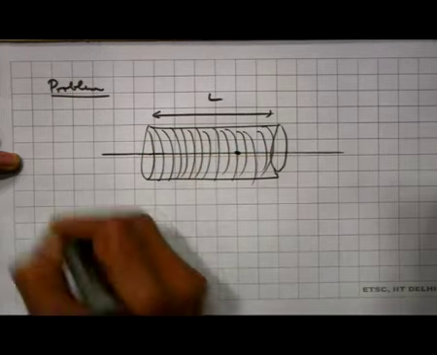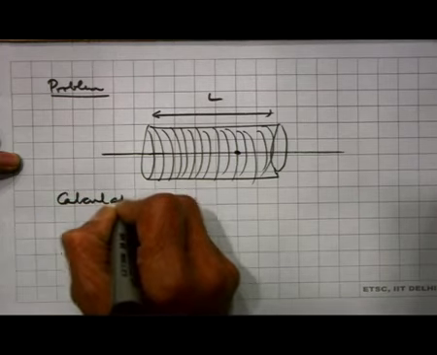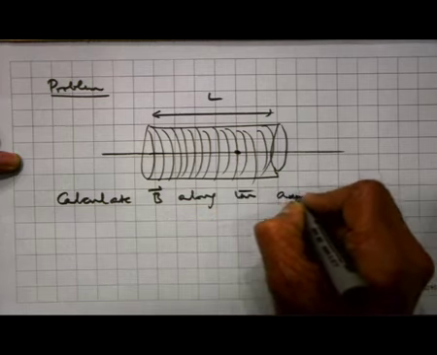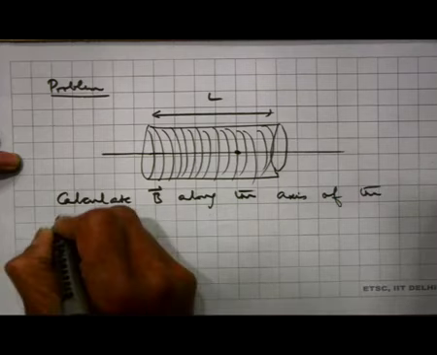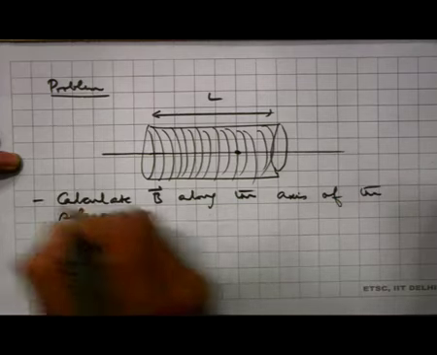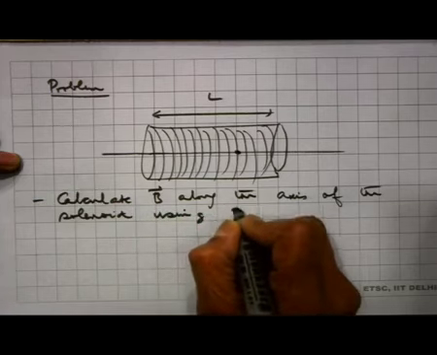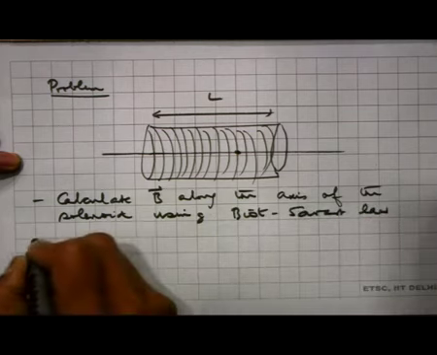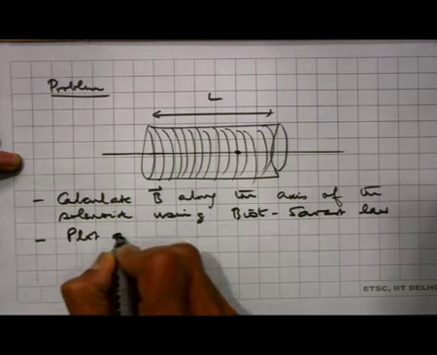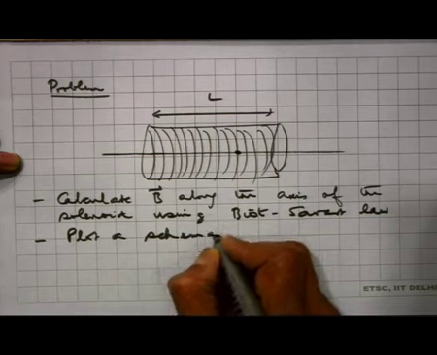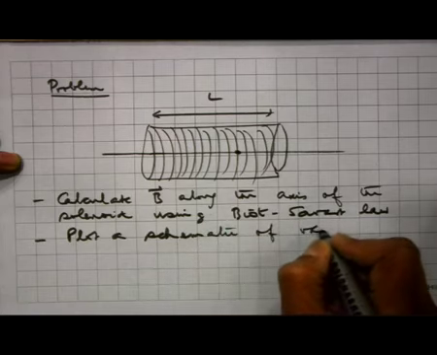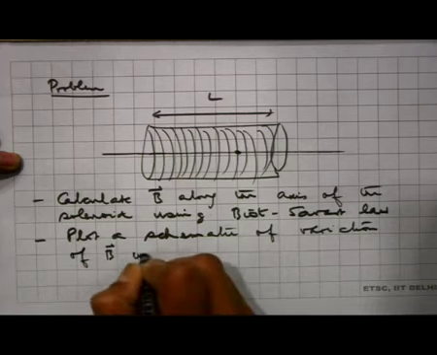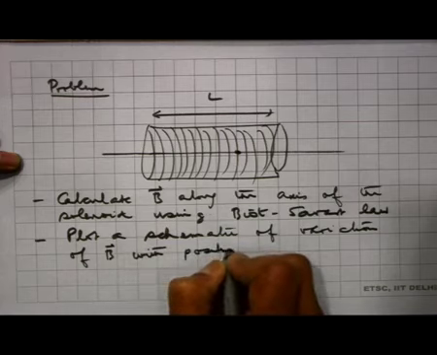Calculate using the Biot-Savart law, and plot a schematic of the variation of B with position along the axis.